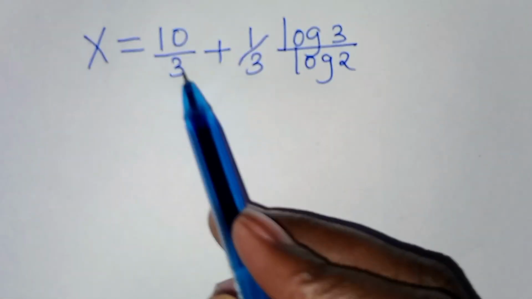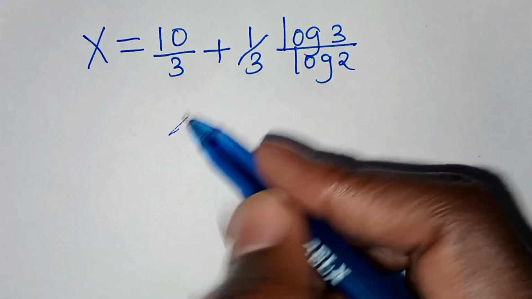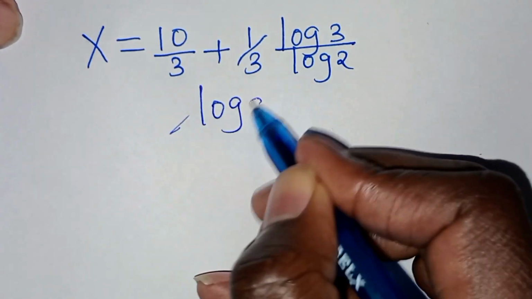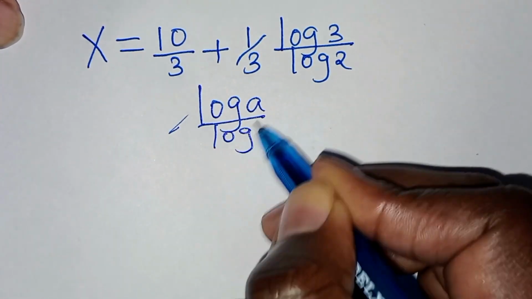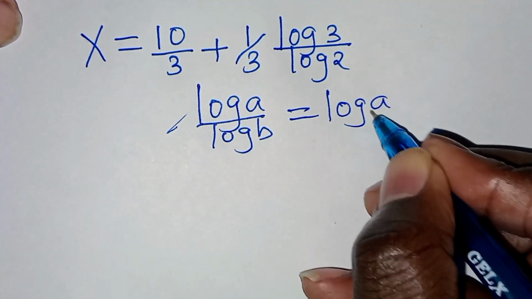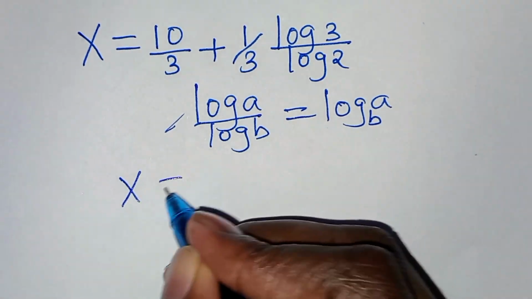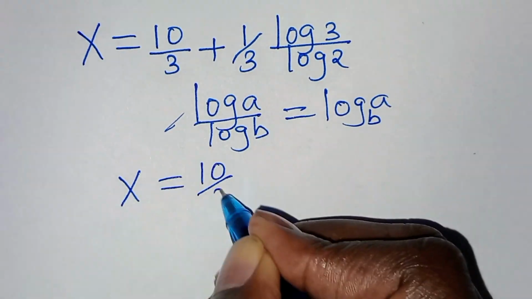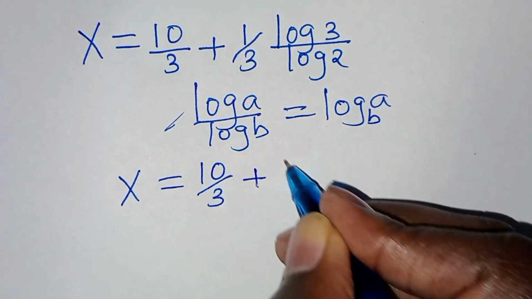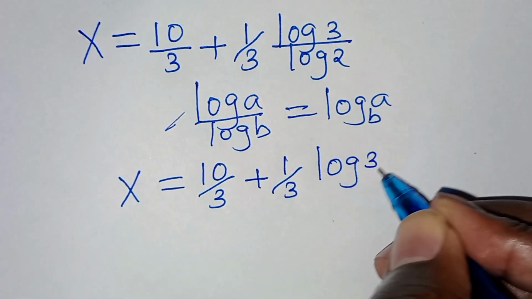Now x here is 10 over 3 plus 1 over 3 log 3 over log 2, and this is in the form of log a over log b, which you can express as log a to base b. Let's apply this property so that x is equal to 10 over 3, then plus 1 over 3 times log 3 to base 2.